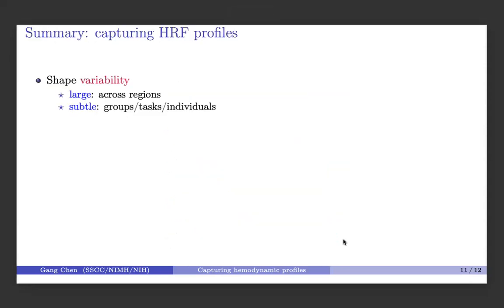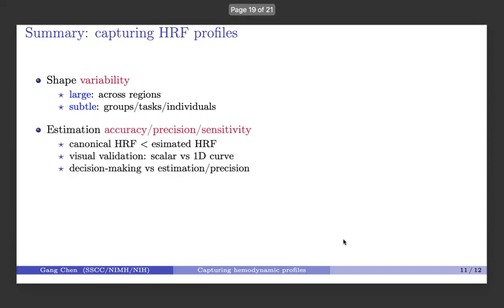So to summarize, I hope I have demonstrated that the hemodynamic response has varying extents of variability. I think the biggest variability is across different brain regions. Across groups, across task conditions, and across individuals, the variability is more subtle, not as large as across different brain regions.